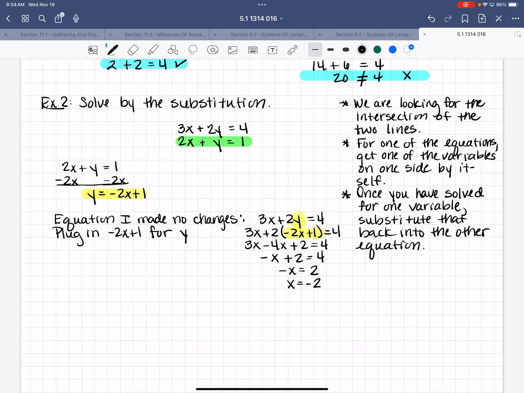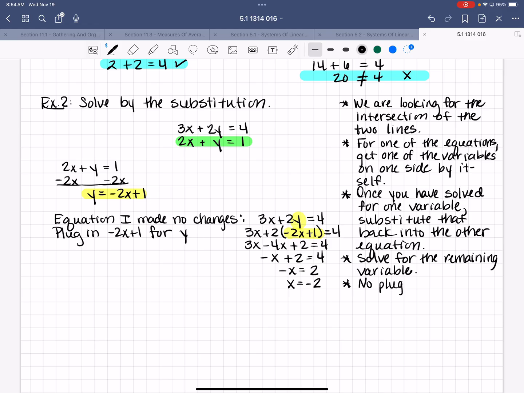Okay? So we plugged in, solve for the remaining variable. That's what we did right there. We got x equals negative 2.